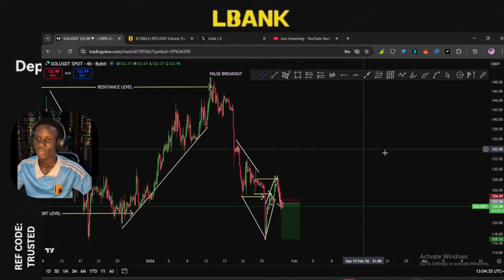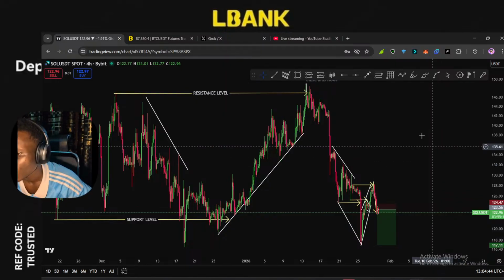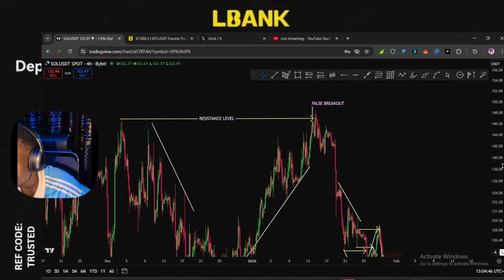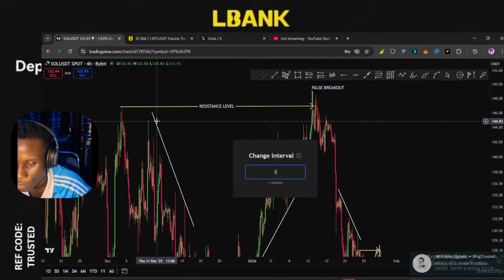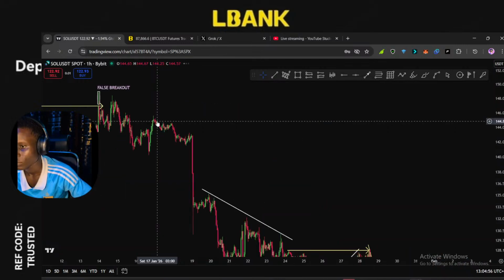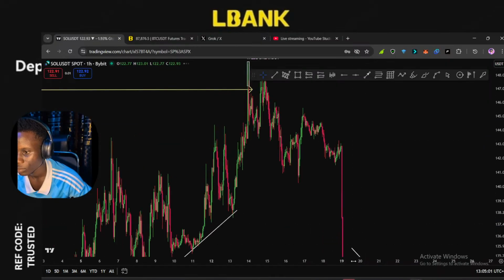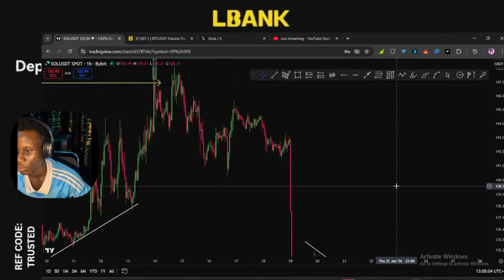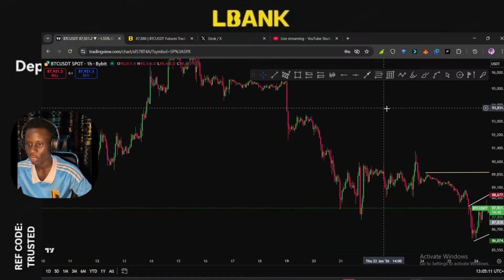Let me see if I can get a chart work for that, so we can all see together. Let's try BTC so that I can explain that trailing stop loss.